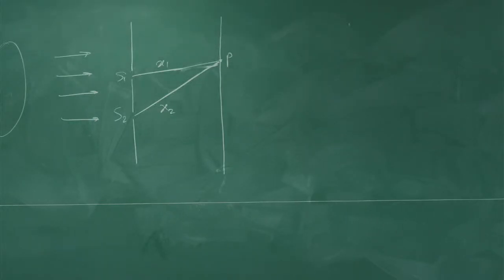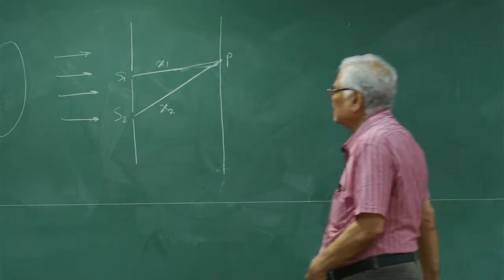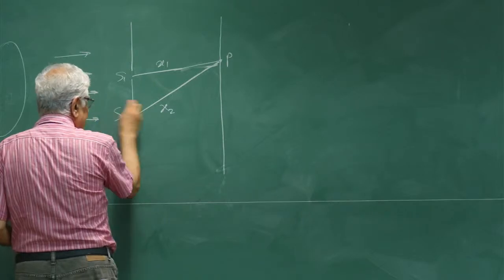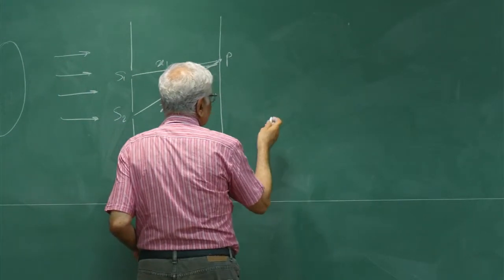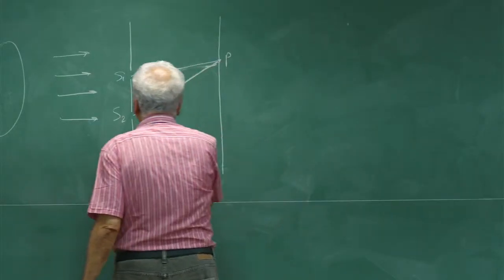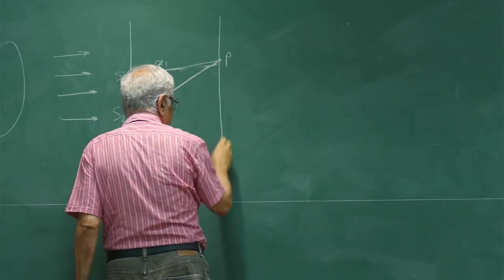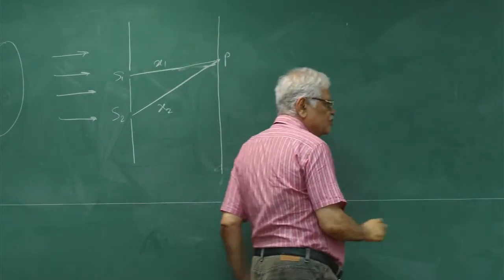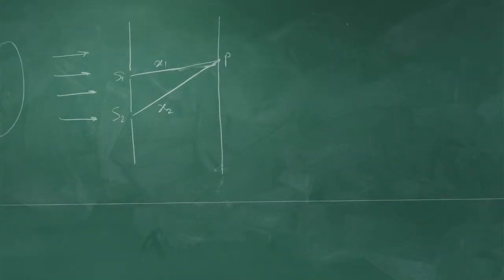But when we send a large number of electrons, say 100,000 or something like that, and look at the cumulative effect, we will clearly see the presence of dark and bright fringes.